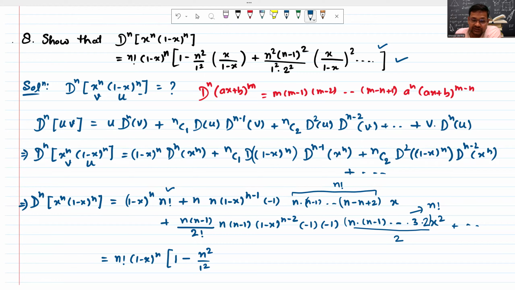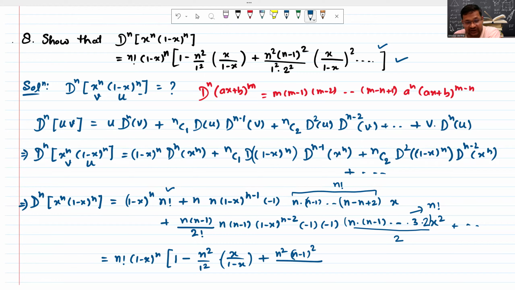Okay, and we are taking outside (1 minus x) power n, and here what we have is (1 minus x) power n minus 1. So we have to divide by 1 minus x and multiply. Because we have taken (1 minus x) power n outside, here what remains is n upon 1 minus x, and there is an x here, so it will be x upon 1 minus x. So this term will be remaining, and then plus this is n and n minus 1 two times, so you will write n square, (n minus 1) whole square.